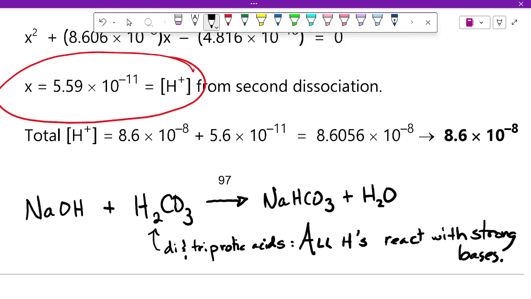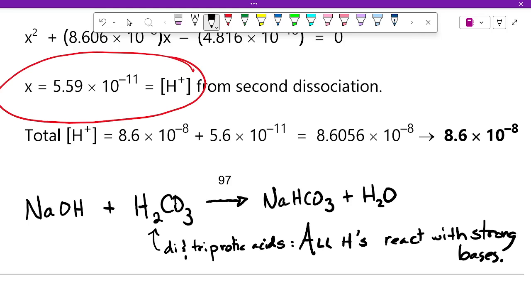Now, how many H's are left on my CO3s? None. Why? Because there was a strong base who came along and took all of them. So although, if this was just sitting there alone and there was no strong base, hold up your pen.